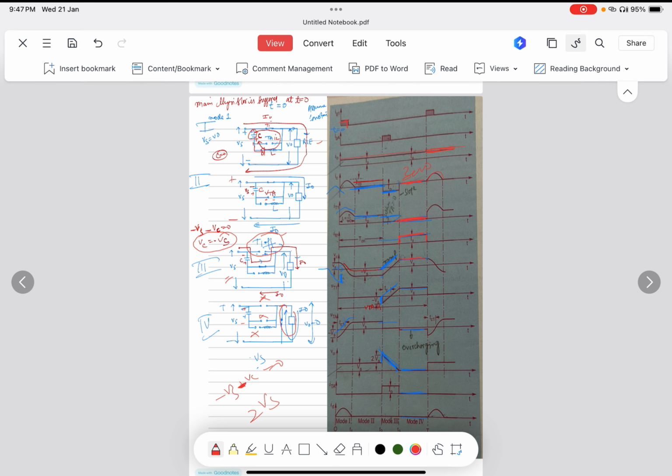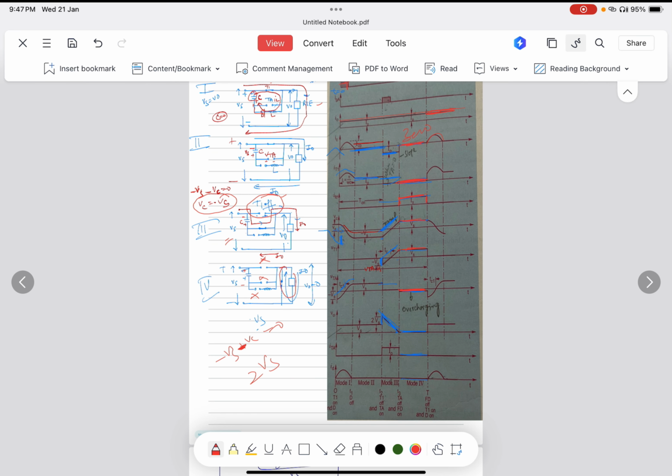So in the fourth mode, Vt1 is the voltage across thyristor 1. What is the voltage across it? It is Vs, the supply voltage, because this is open circuited. Here you can see at the auxiliary thyristor, there is a bit of a drop. Why? Because of the overcharging.